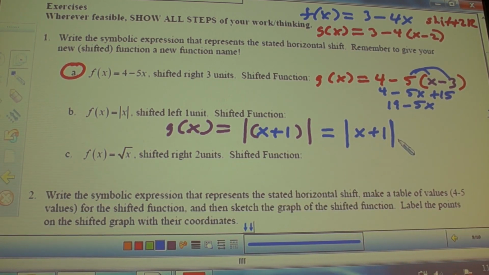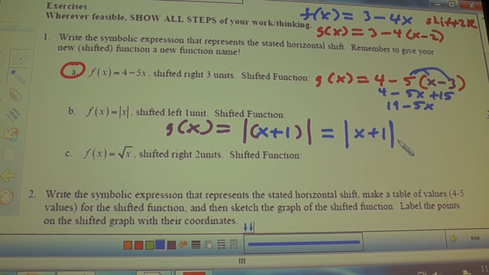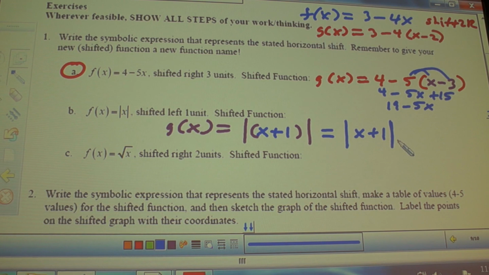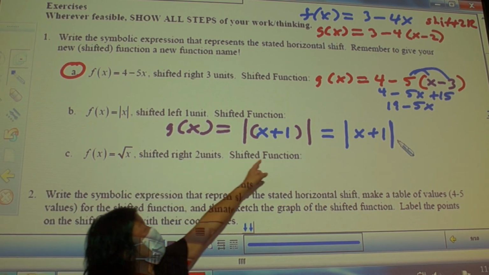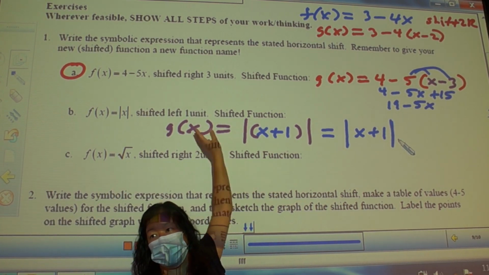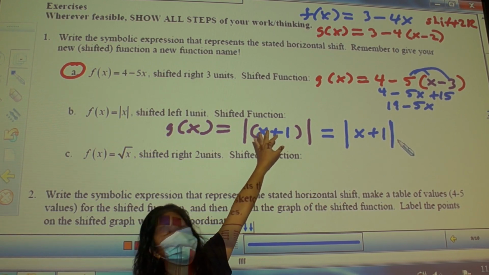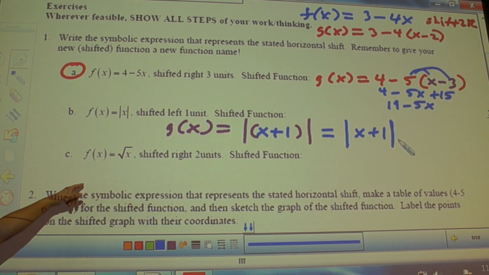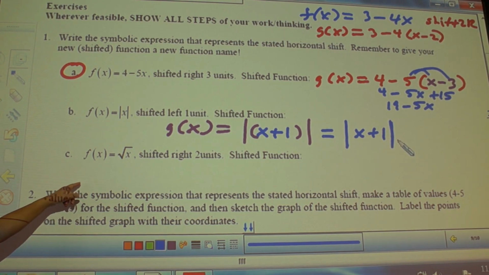That's it. No more. Good? Okay. Next one, we're shifting. So the reason why we're putting it inside here, Eric, is because this is a new function. We're shifting that function. So we're replacing x with x plus 1. So this one, we're shifting it right 2 units.